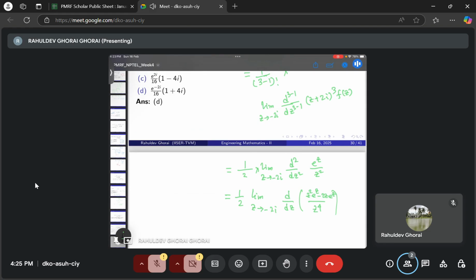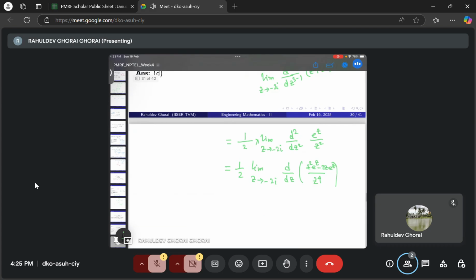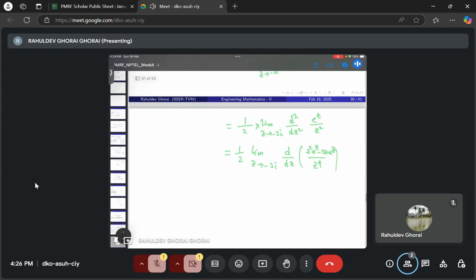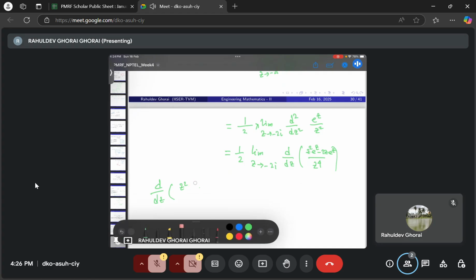So you have to differentiate again. It's becoming a little long, but no problem, we'll do it. The derivative of z square e to the power z minus 2z e to the power z, times dz, that will be 2z. Okay, that's not a problem. So I'll write it here again: z square minus 2z times e to the power z over z to the power 4.